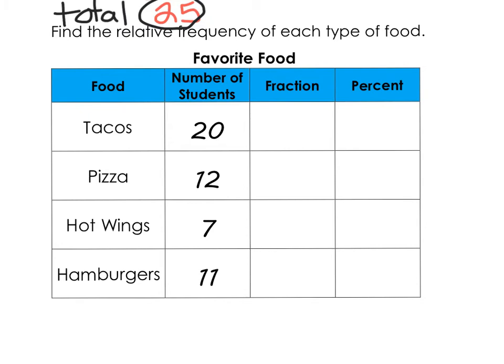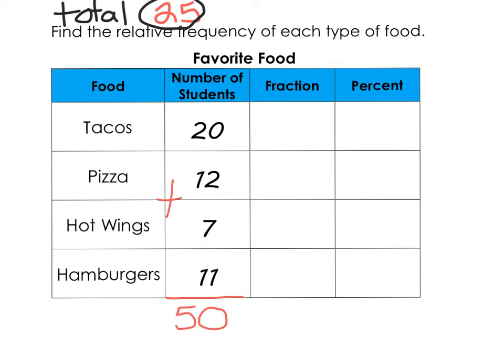Hamburgers, 11. Remember, the first thing we're going to do is find the total. We're going to add 20 plus 12 plus 7 plus 11. And when we do, you can pause the video and add it. But when we do add it, we get 50.